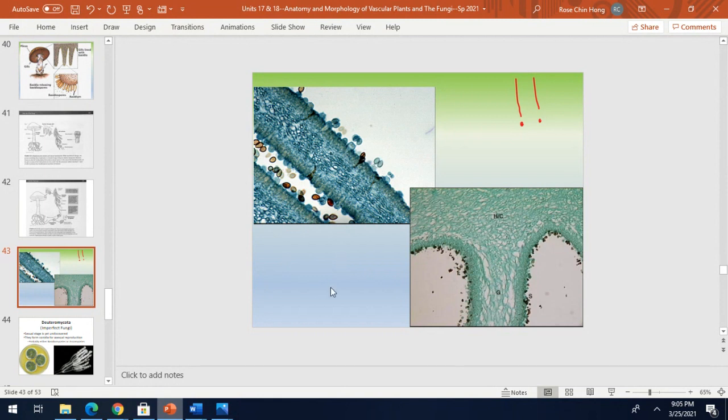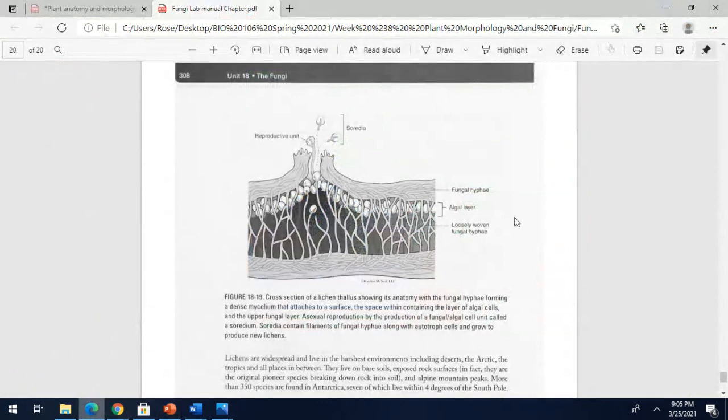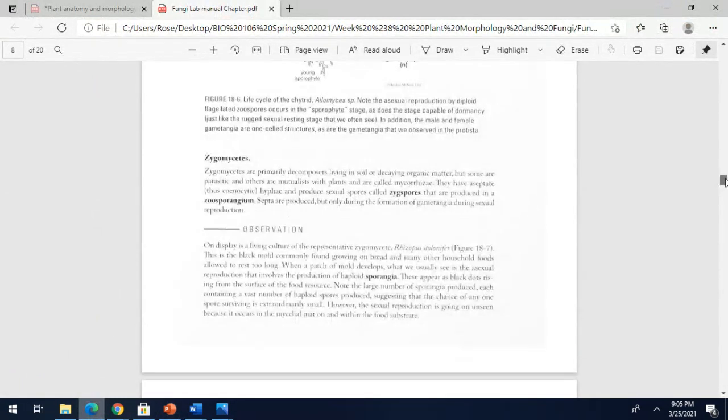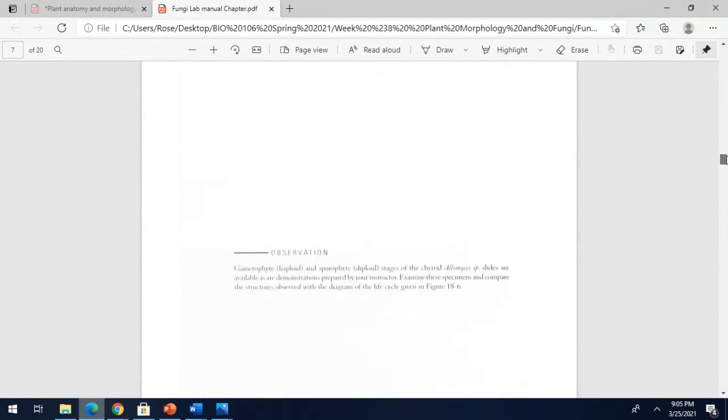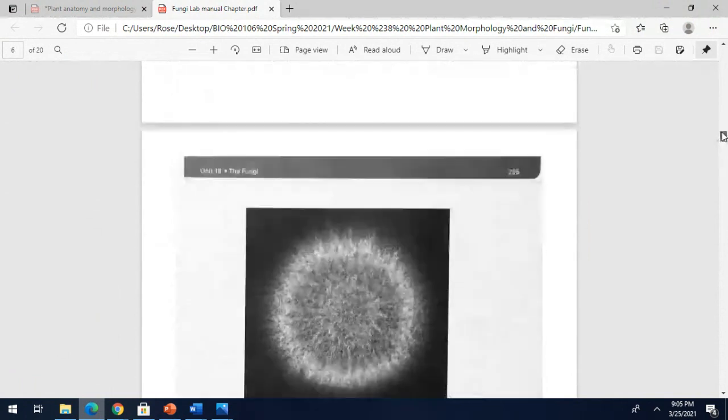And also it reproduces asexually with conidia. So as I said, we have conidia, I have a picture somewhere. I'll have to go back onto the screen here to show you what conidia look like. If I could find it.